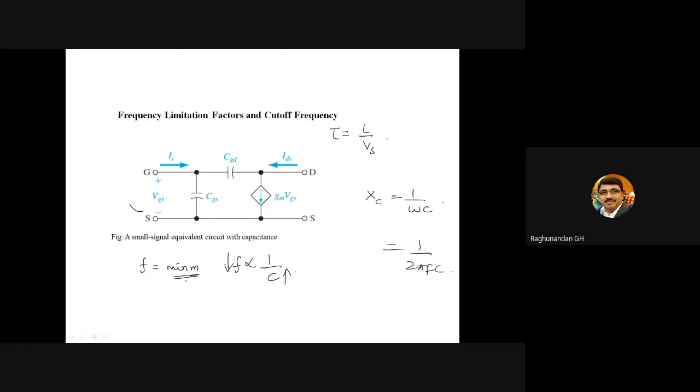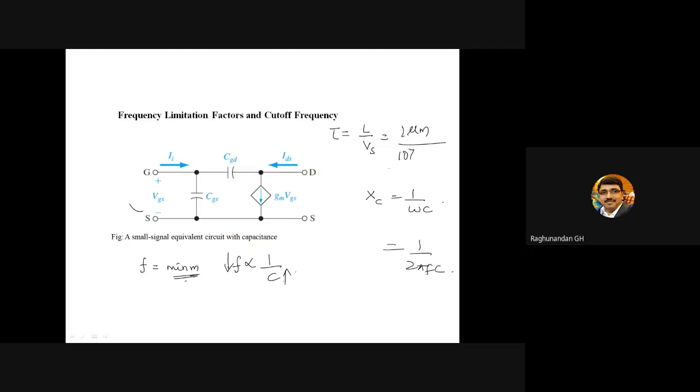So what happens when capacitance is maximum and the length of the channel is also maximum? Let us take some example, like L is 1 micrometer, and this is, let us take, 10 to the power of 7.